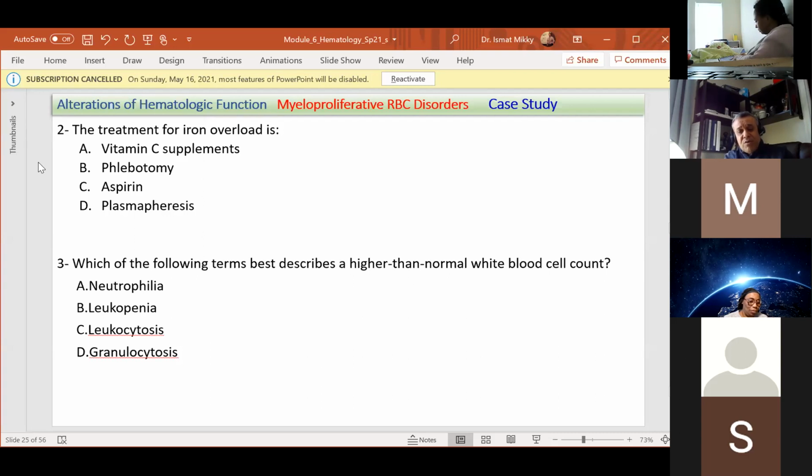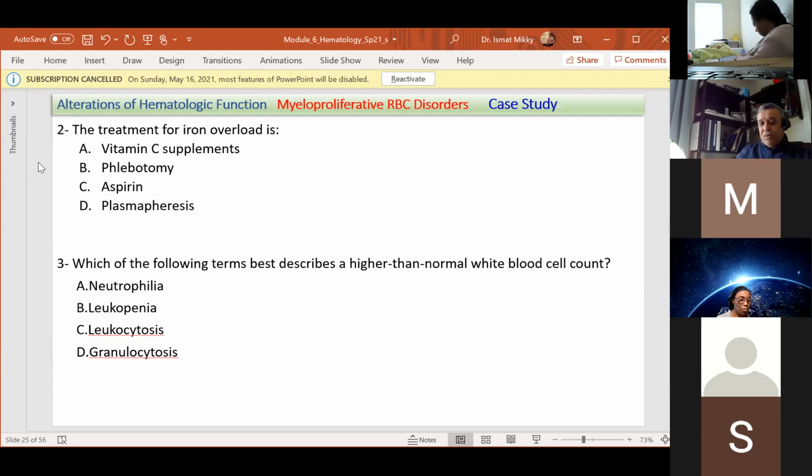And the decreased number of white blood cells is termed leukopenia. You can apply the same prefix to cytosis versus penia to other white blood cells like granulocytes: granulocytosis, granulopenia. Same thing with neutrophils: neutropenia, neutrocytosis.